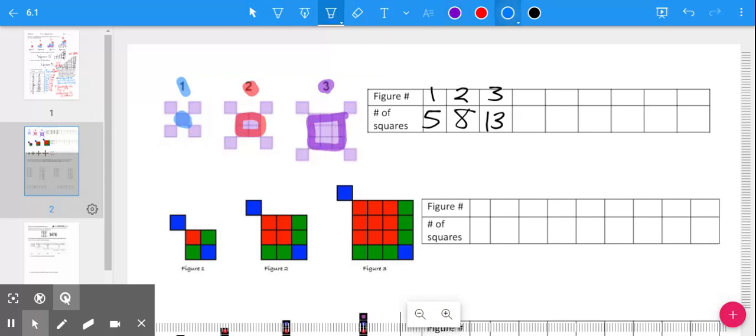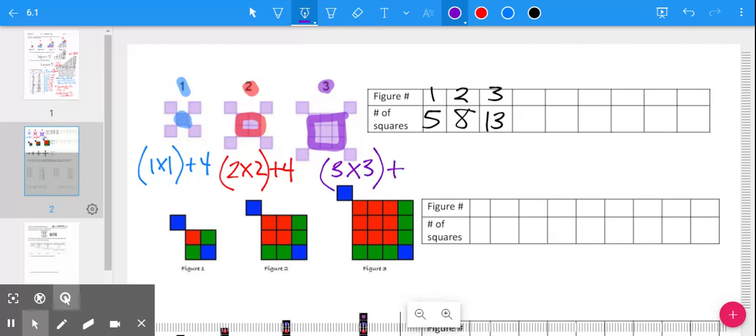So another way that we could write this is in figure 1, we have a 1 by 1 plus 4 more. In figure 2, we have a 2 by 2 plus 4 more. In figure 3, we have a 3 by 3 plus 4 more.